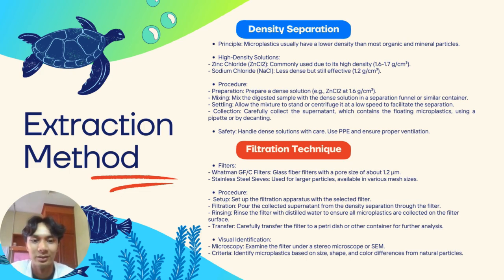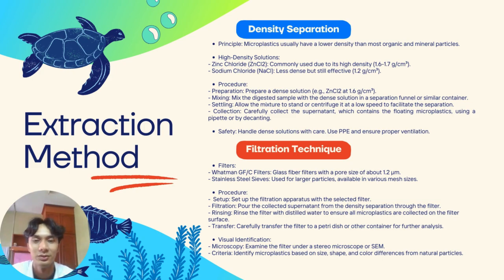Next, we can do the rinsing by rinsing the filter with distilled water to ensure all microplastic is collected on the filter surface. Lastly, we must carefully transfer the filter to a petri dish or other container for further analysis.